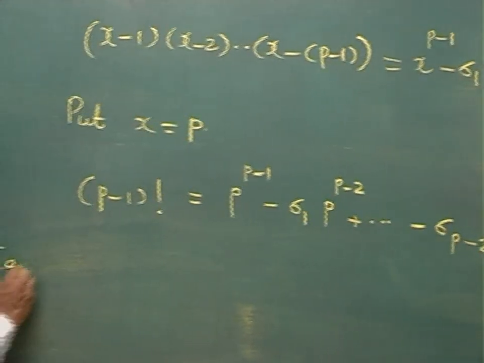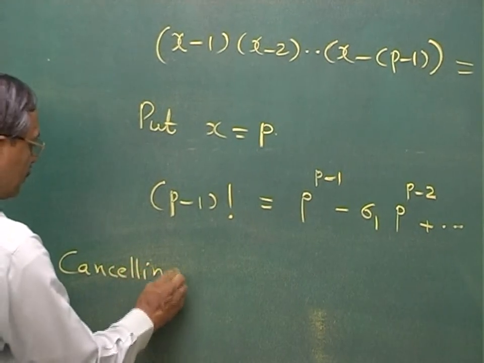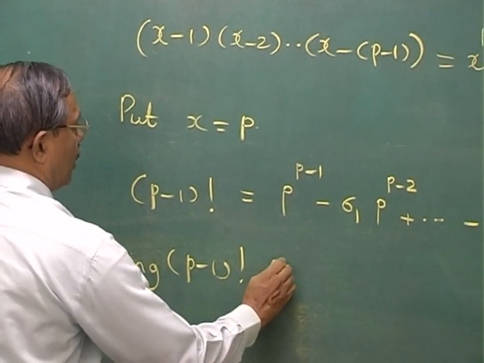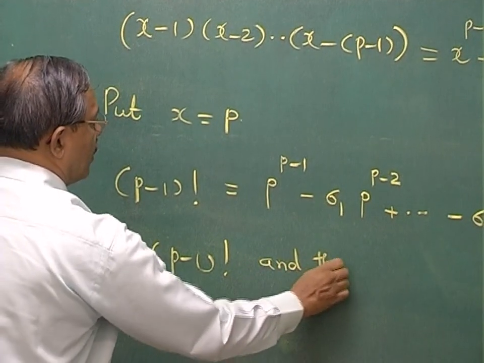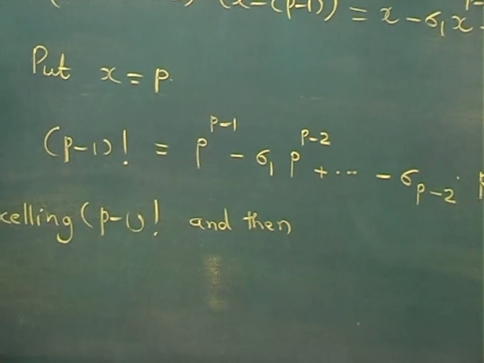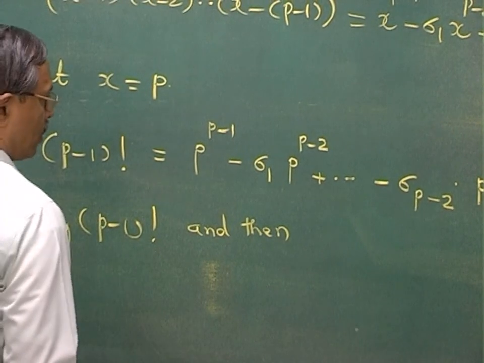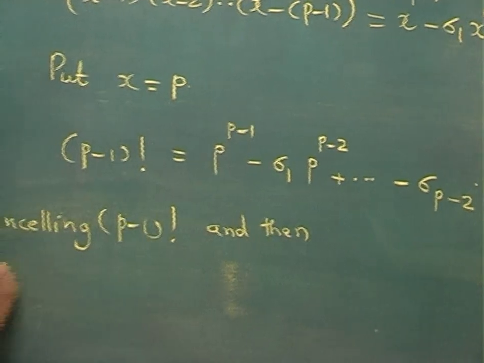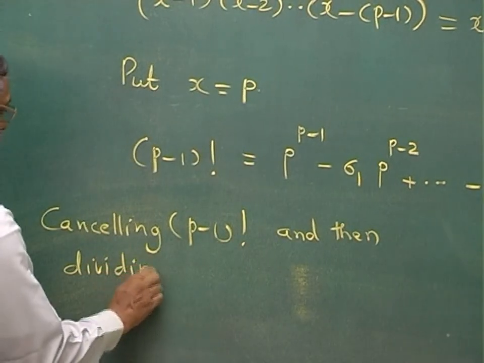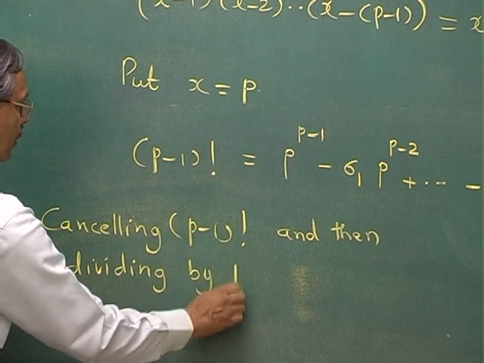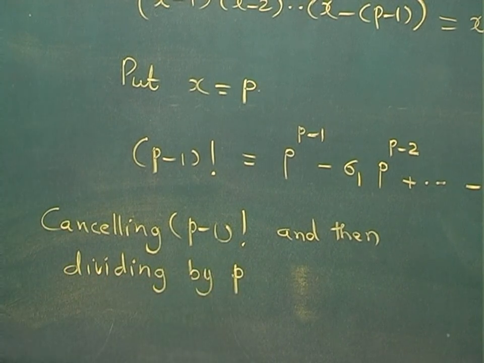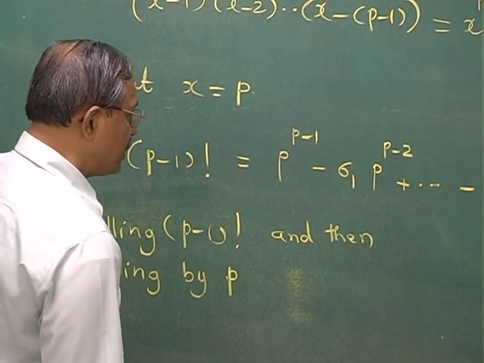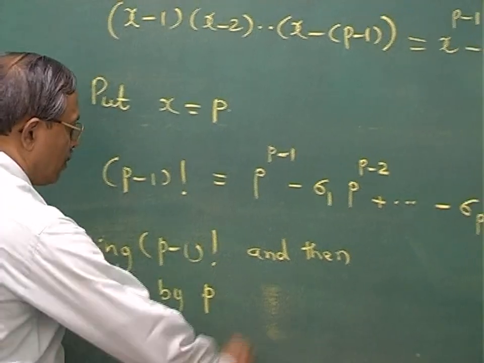So cancelling, and then dividing by p. Here we further assume that p is bigger than or equal to 5.